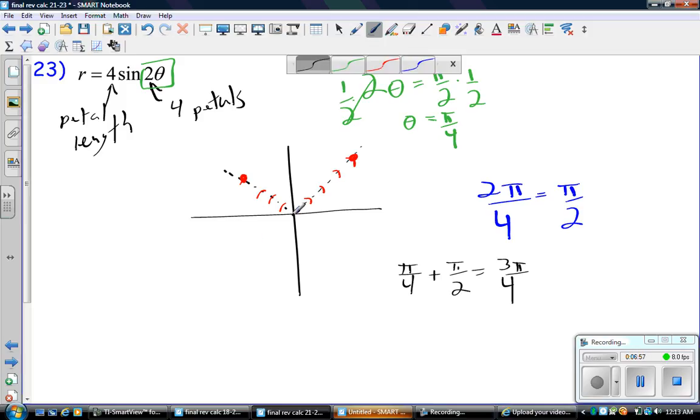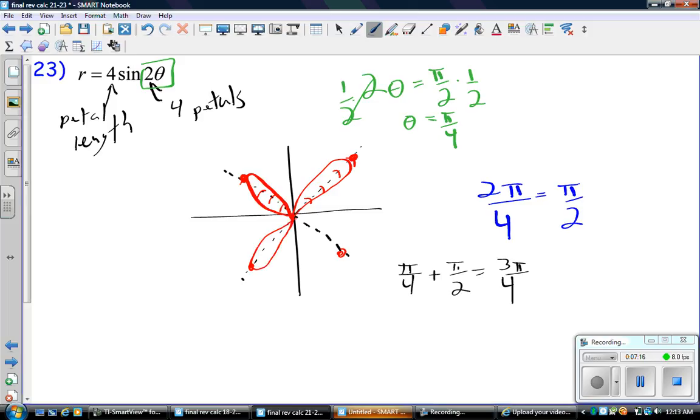And then again, it's going to be evenly spaced. So your next 2 are just going to be down here. Going out 4, going out 4, and then you've got your petals. Terribly drawn, but there they are.